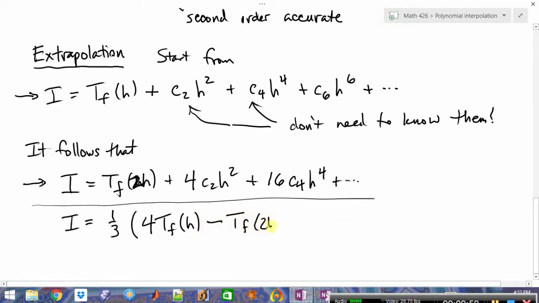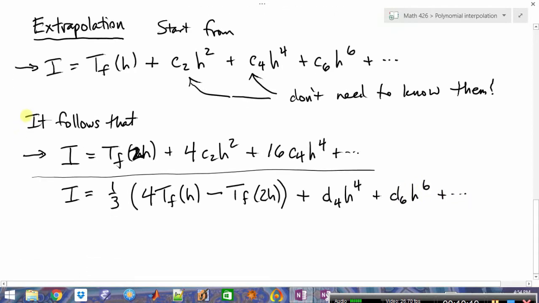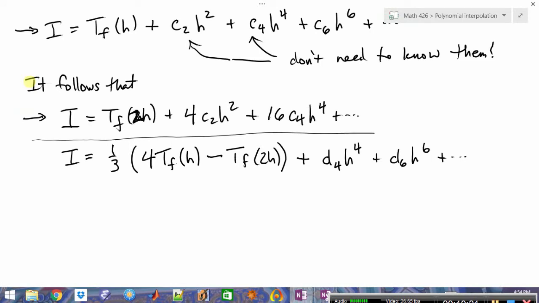And then the C2 terms are gone, and we get some new thing, call it D4, h to the 4th, and then the h to the 6th comes along. All the other terms survive because their coefficients are different. But now the first error term is 4th order.